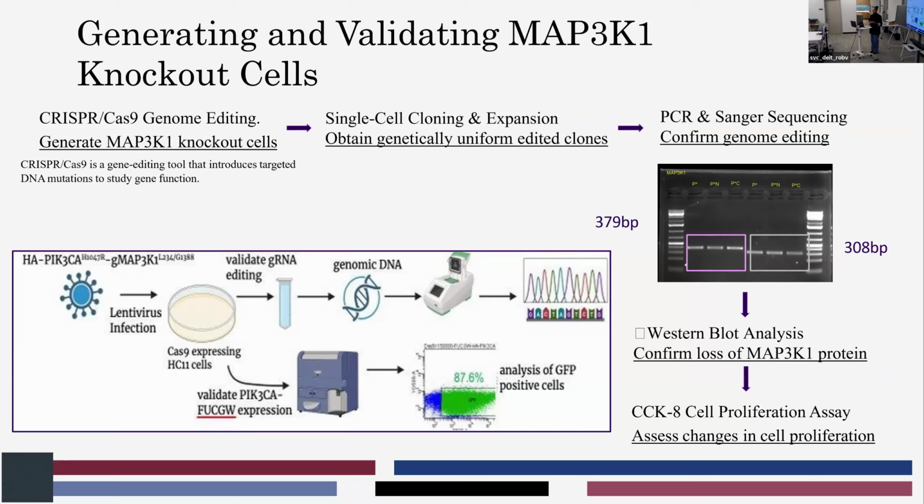We then passage our cells into two 96-well plates, which allowed our cells to grow into single-cell colonies, which then allowed us to passage those single-cell colonies that I guess were the happiest, they were the most crowded, which then allowed us to do the PCR and Sanger sequencing, which confirmed genome editing. We then did our Western blot, which determined whether MAP3K1 protein expression was reduced. And finally, a CCK8 assay measured cell proliferation to evaluate how these mutations affected cell growth.